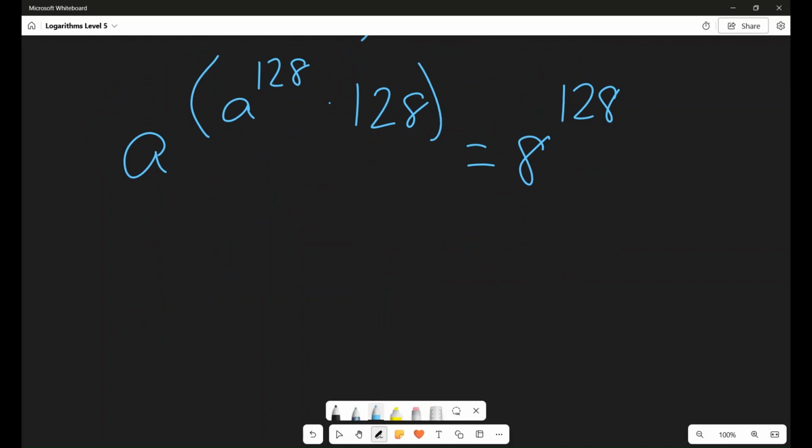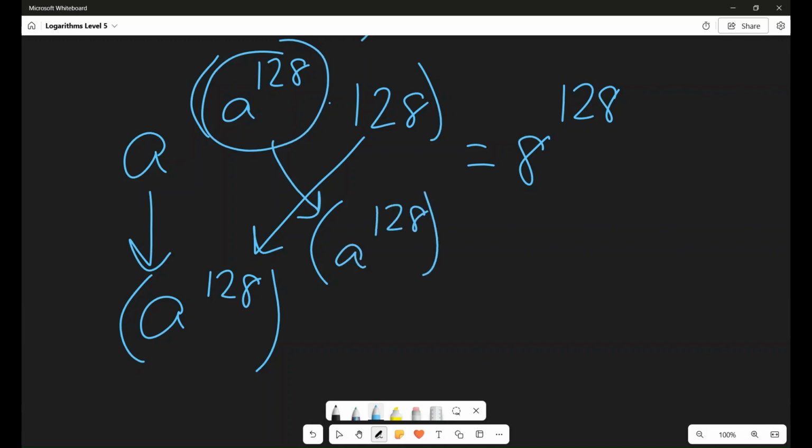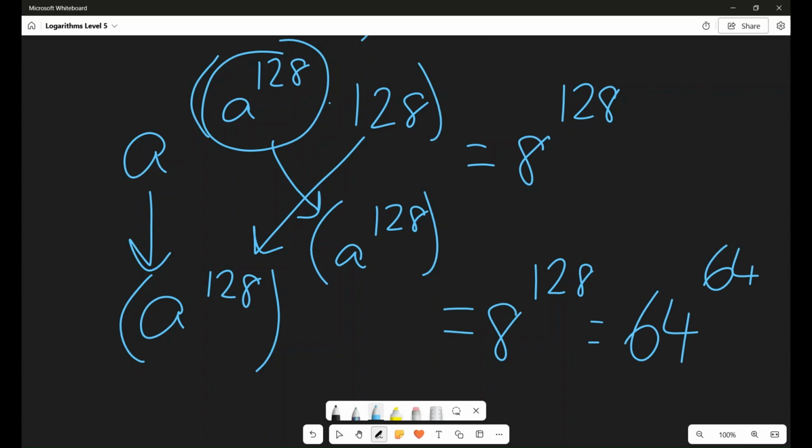Now we can repeat what we did earlier in the problem, and we have this a to the power of 128, and that value to the power of this exponent. So here we put another a to the power of 128. This is equal to 8 to the power of 128. And after some experimentation, we notice that is just 64 to the power of 64.